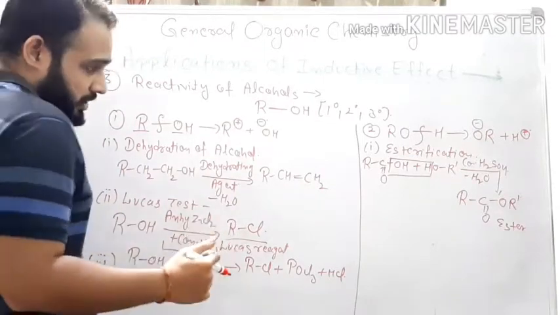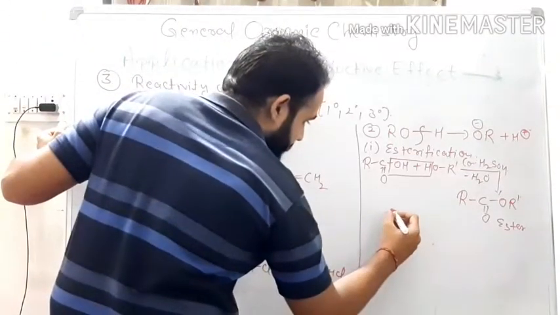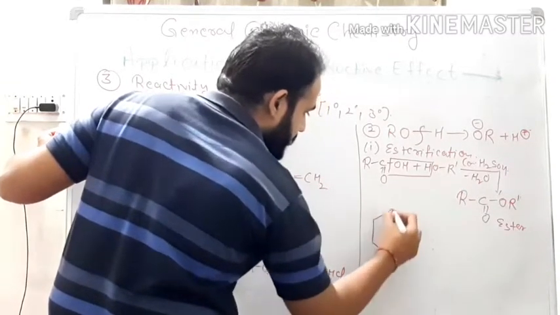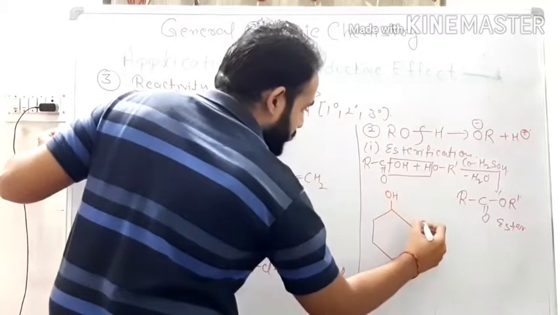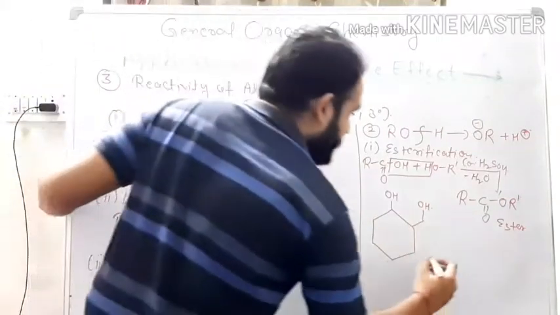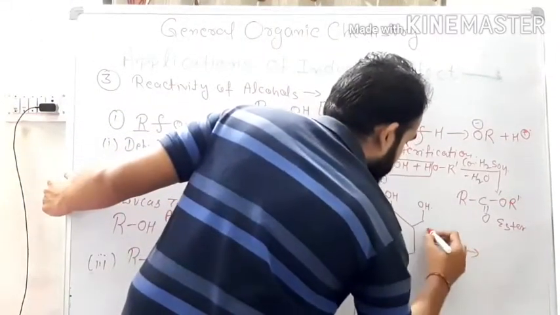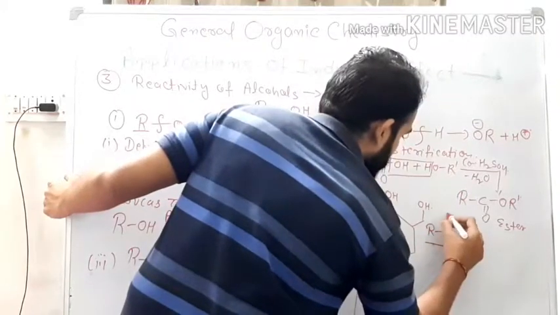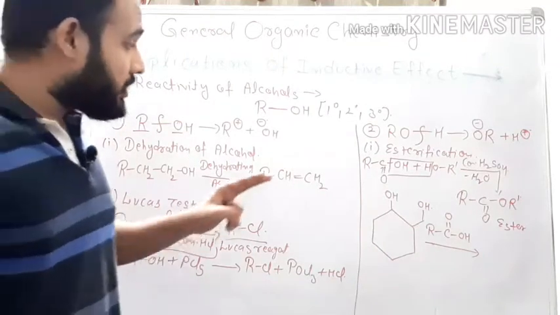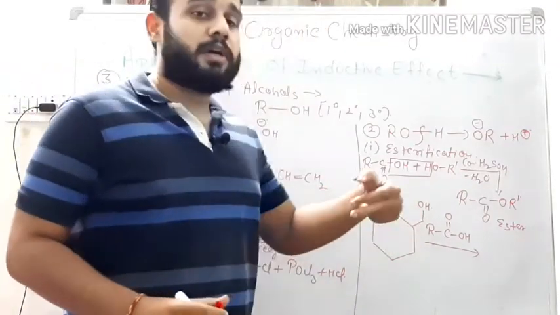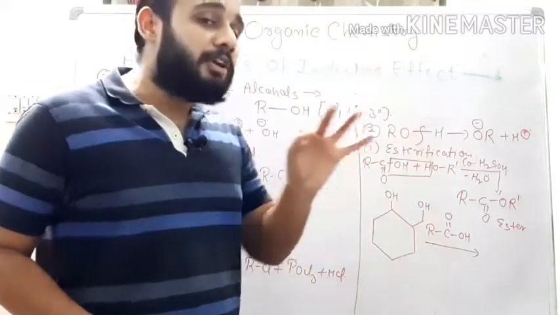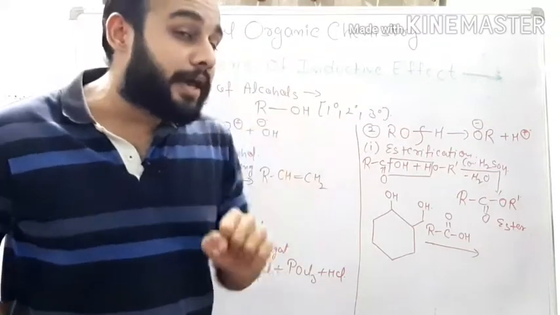Okay, now we have another example. See, if we have a compound in which the OH group is present on 2 positions, and when it reacts with any acid, now you have 2 positions of OH group, and out of these, which position can react with your acid will be decided by the stability of the alkoxy anions.